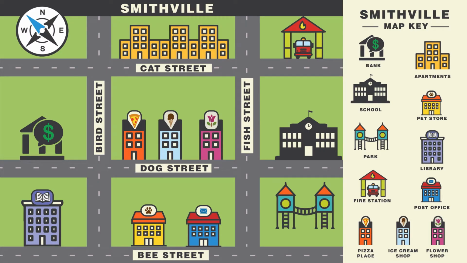I can tell where something is by looking on my map key and searching for the symbol on the actual map. Look at the map key in this map to see if you can find the flower shop in Smithville. Here it is. Can you find the symbol for the pet store?